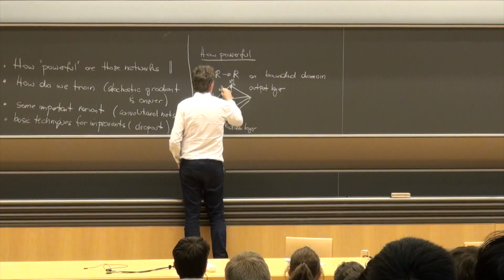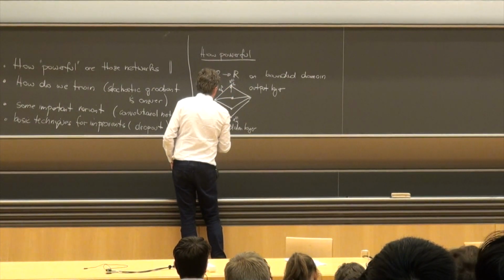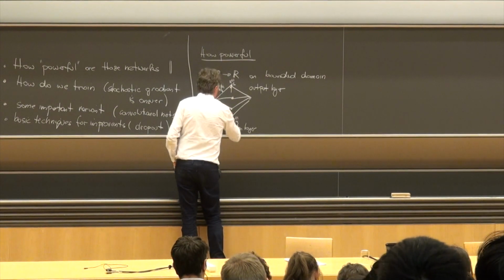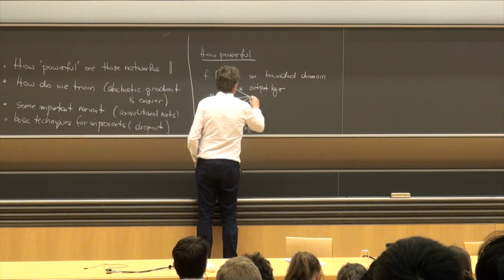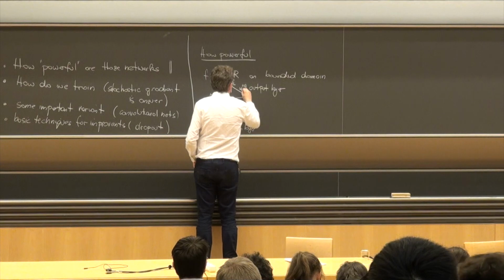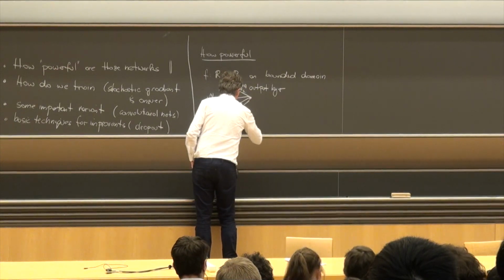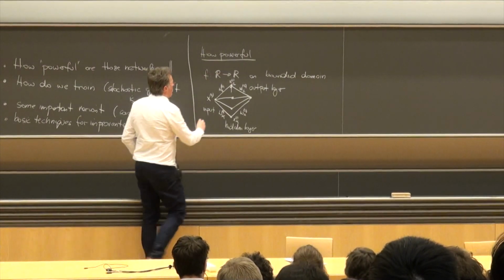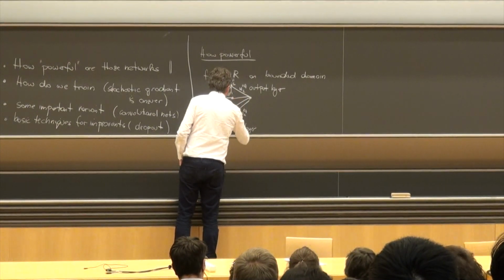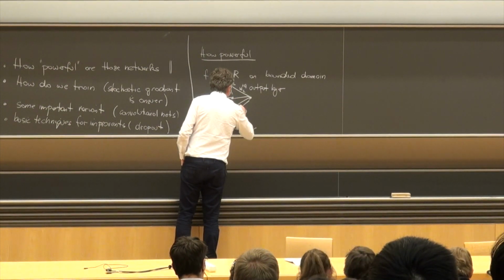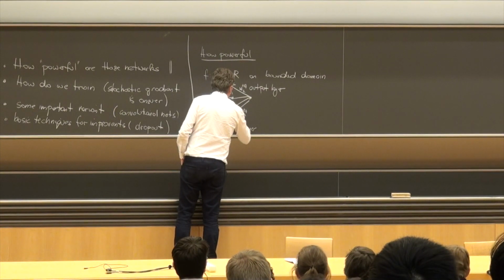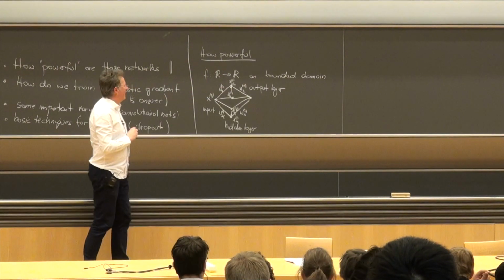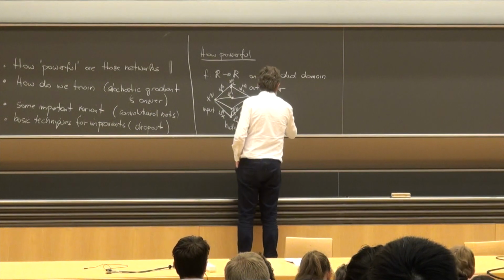I just need one index now because I have only a single input. Then I have weights w_21 up to w_2K, and again I just need one output here. I also have my bias terms, b_1 up to b_K, and then some activation function phi.